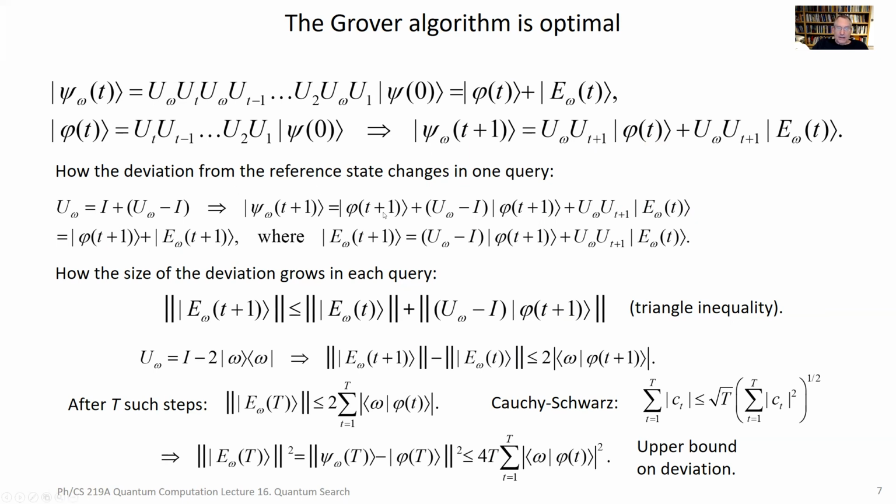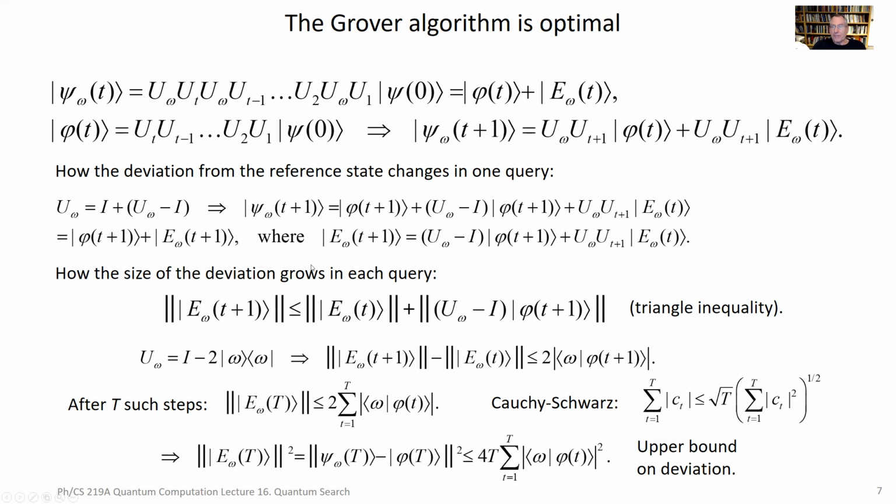So now the new deviation is going to be the sum of this term and this term. So what I'm calling e sub omega t plus 1, the deviation from the reference vector after t plus 1 queries, is going to be given by u omega minus identity acting on the reference state at t plus 1 plus u omega u t plus 1 acting on the deviation at the previous step.